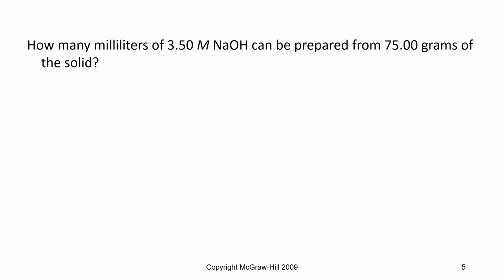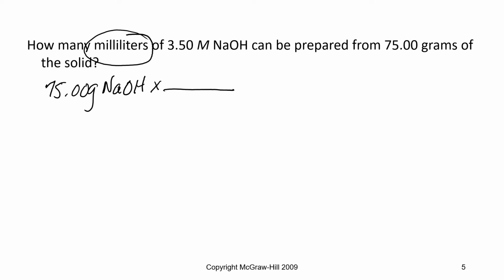So another example: how many mL of 3.50 molar sodium hydroxide can be prepared from 75 grams of sodium hydroxide? So now we're asked to find the volume. Well, actually, we'll find it in liters and convert it to milliliters. So we'll need to use that molarity as a conversion factor. So we have 75 grams of NaOH, which we have to convert to moles.